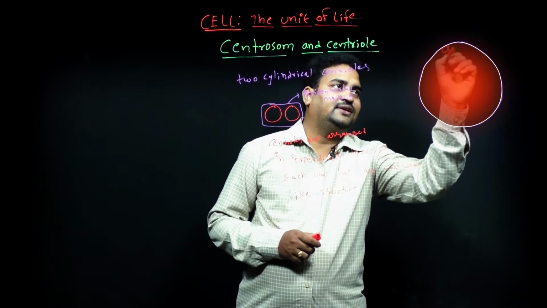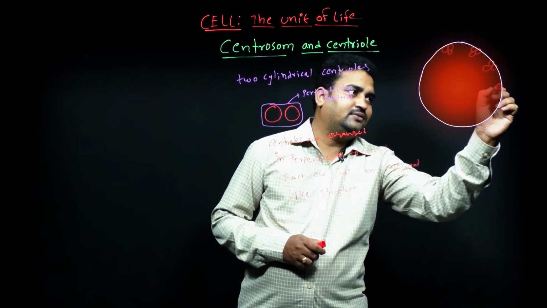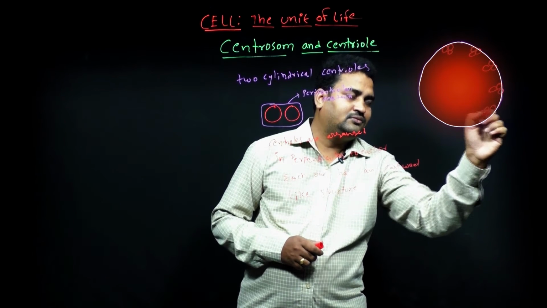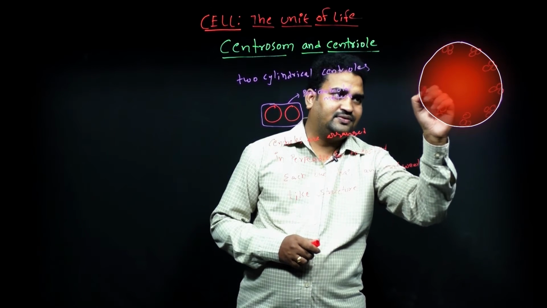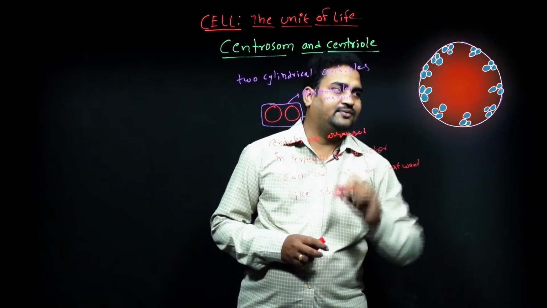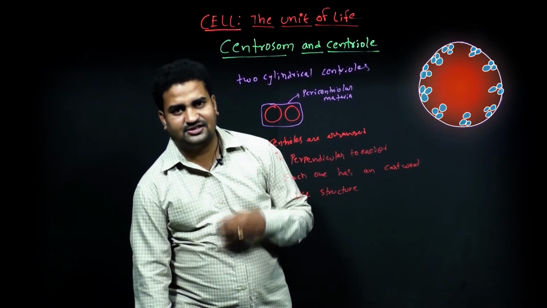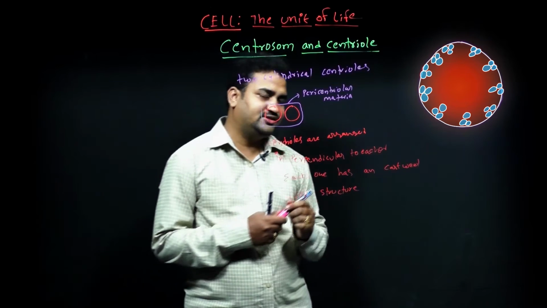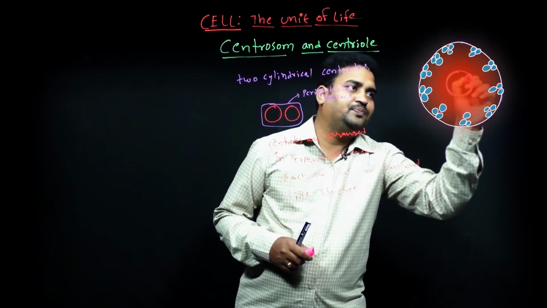So these are the evenly placed triplets: 1, 2, 3, 4, 5, 6, 7, 8 and 9. In the center of the centriole there is a proteinaceous hub.